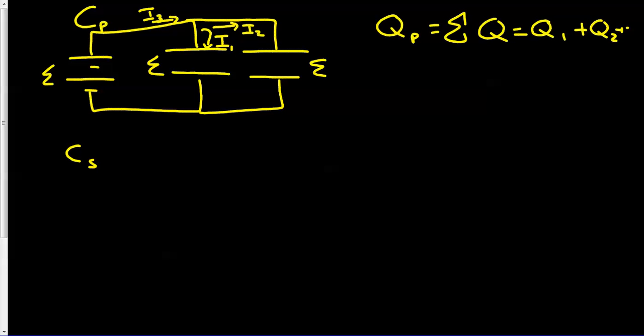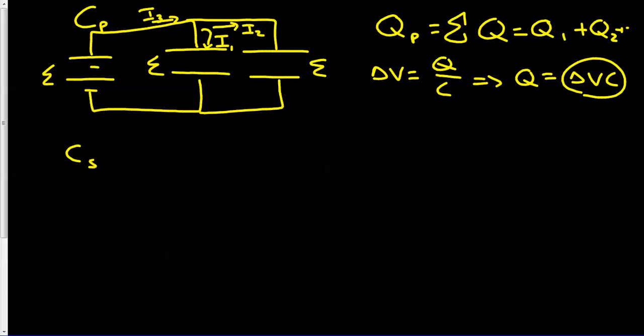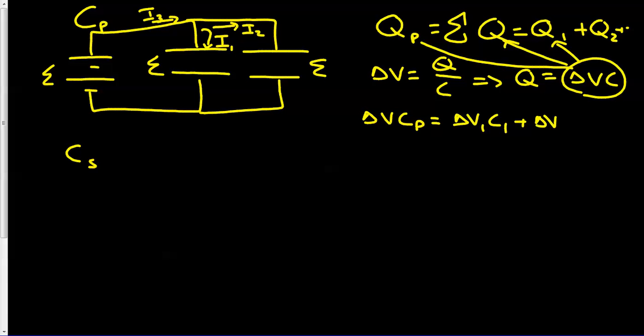And since we know that delta V equals Q over C, I could rearrange this to be Q equals delta V times C. And if I substitute this in for each one of these, what we end up seeing is we have delta V total times C of a parallel circuit equals delta V1 C1 plus delta V2 C2 plus so on.